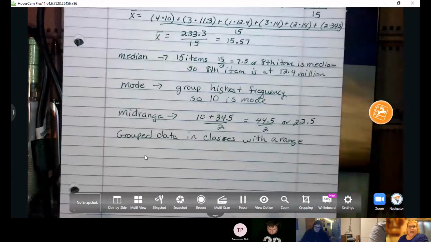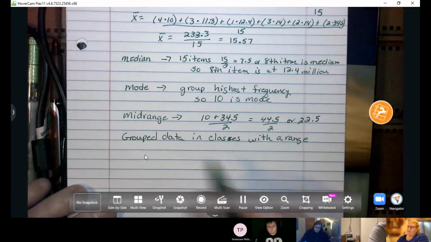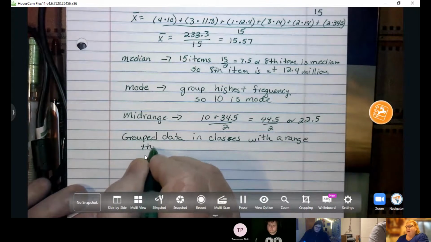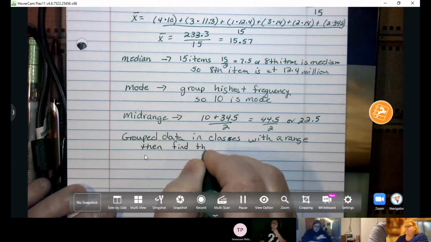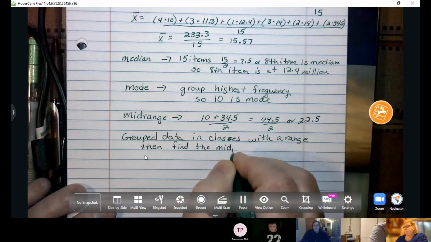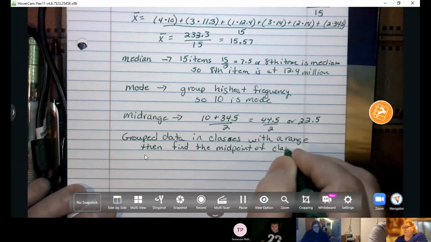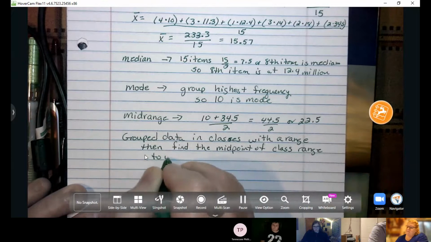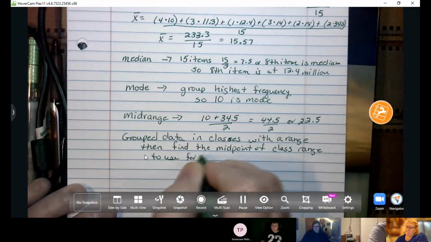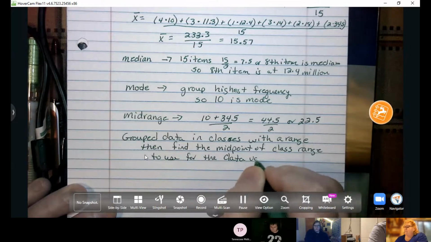Our group data with a range may be different. So if we have a group data that has a range, then we have to find the midpoint of that class and we use that for the data value.